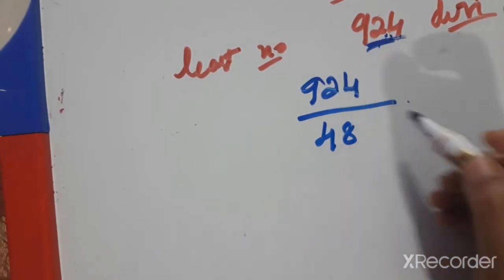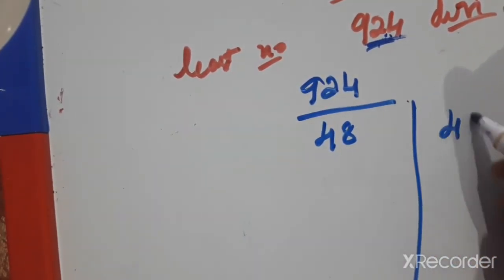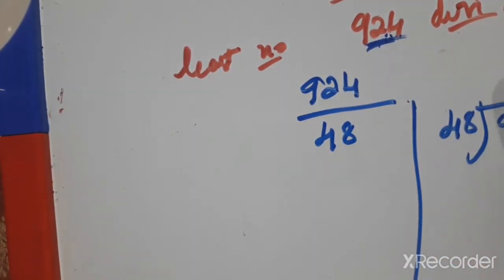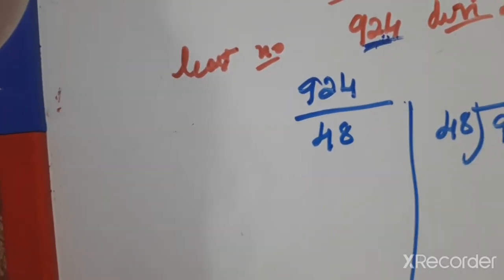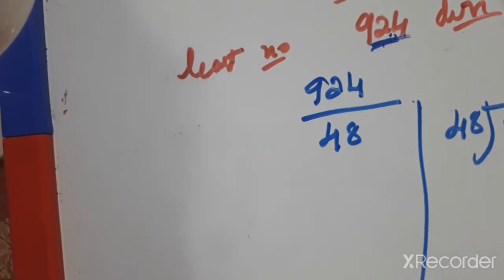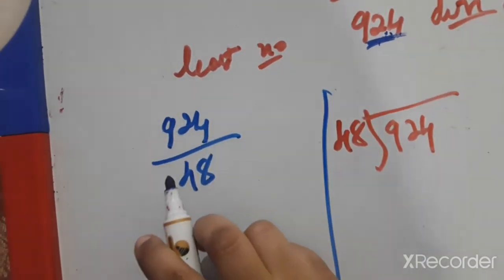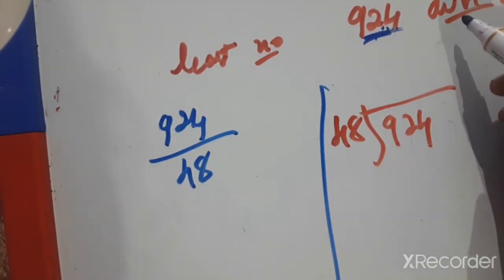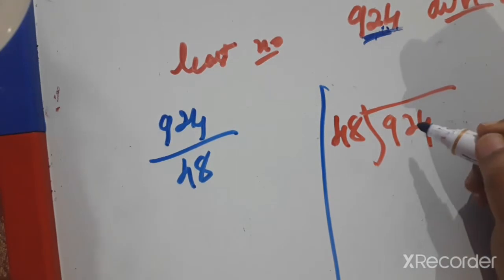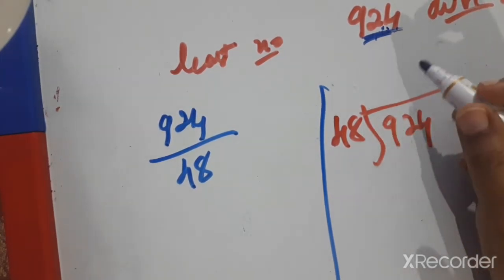Find the division of 924 by 48. First find the remainder, because that number should be subtracted from this number. 924 divided by 48.